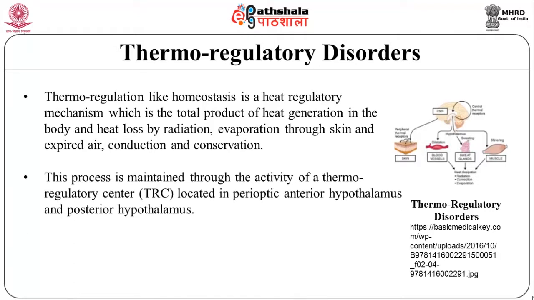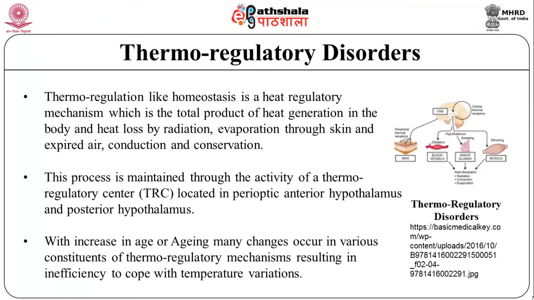This process is maintained through the activity of a thermoregulatory center, that is TRC, located in the preoptic anterior hypothalamus and posterior hypothalamus. With increase in age, many changes occur in the various constituents of the thermoregulatory mechanism, resulting in inefficiency to cope with temperature variation.